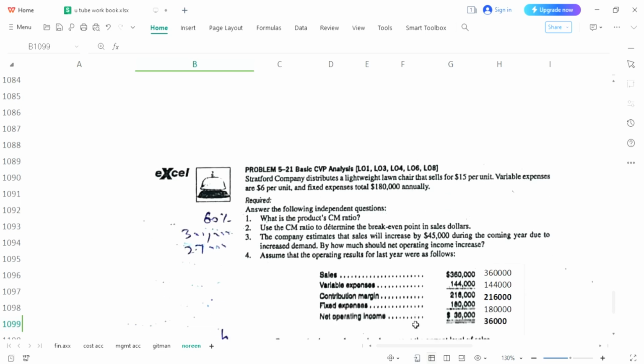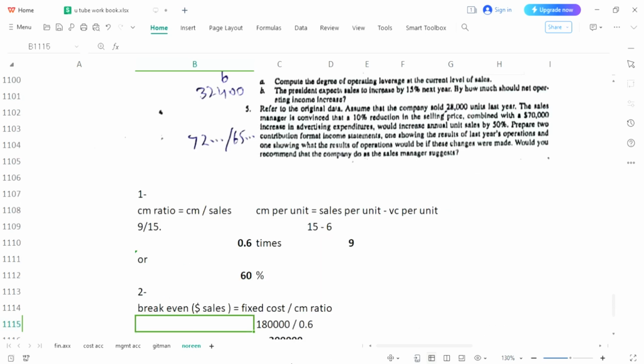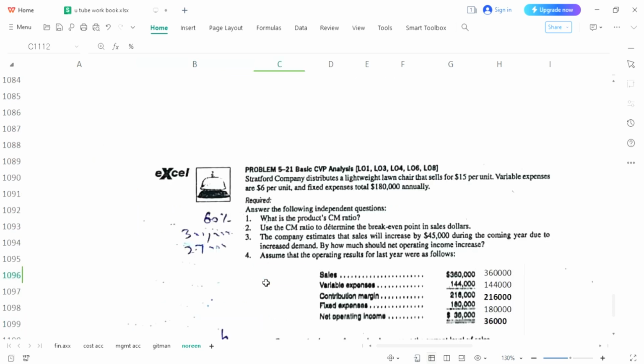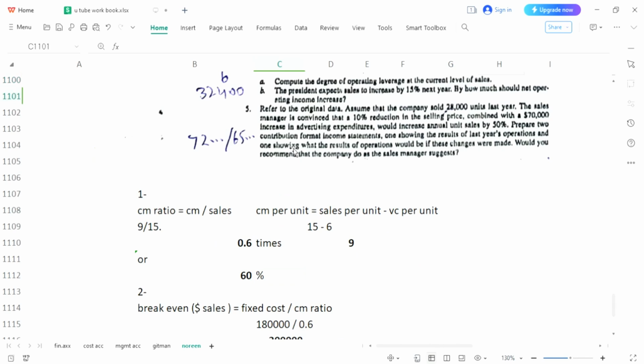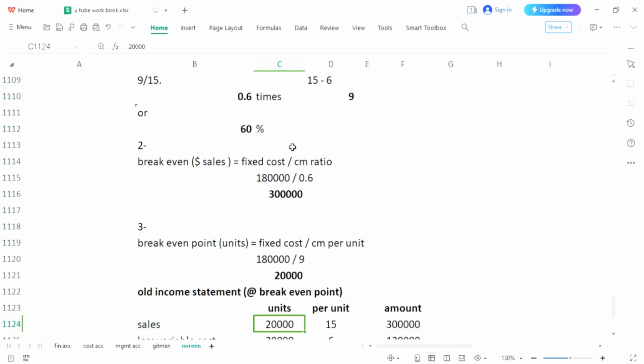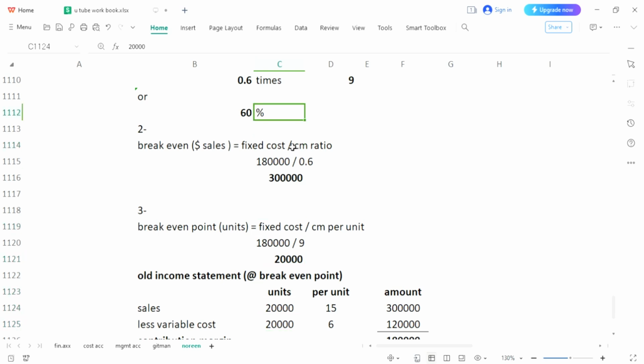If the very important matter is to review, first answer was 60%. Here you have calculated 60%, then 3,27,000. So here was your 3 lakh and you have calculated 27. No, we haven't calculated 27,000.